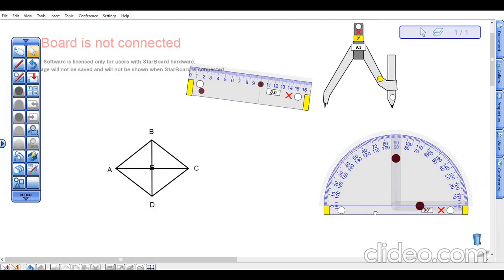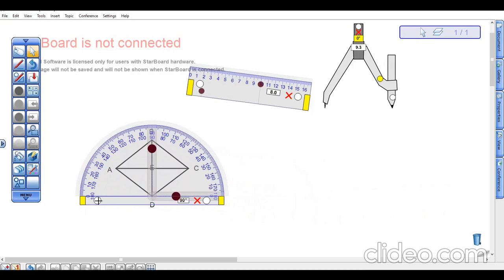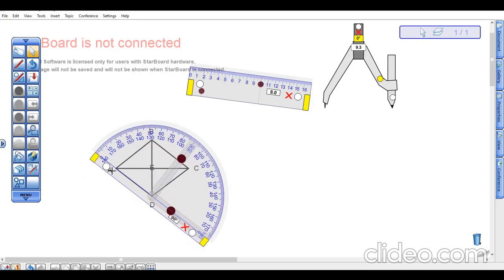All right, now let's check the angles. Let's check this angle here first. This angle, we're going to count it this way, goes until here. So this angle, counting from 0 from left to right, is 105 degrees.